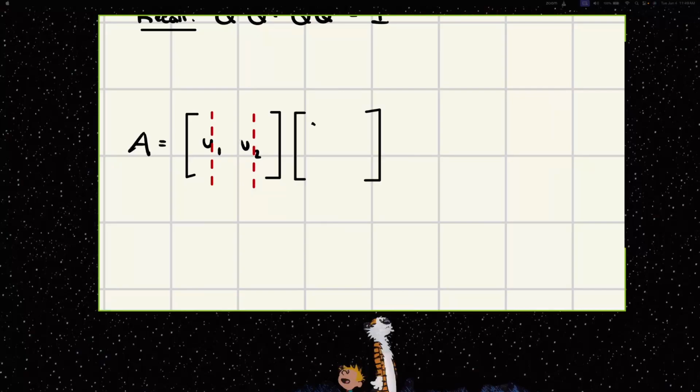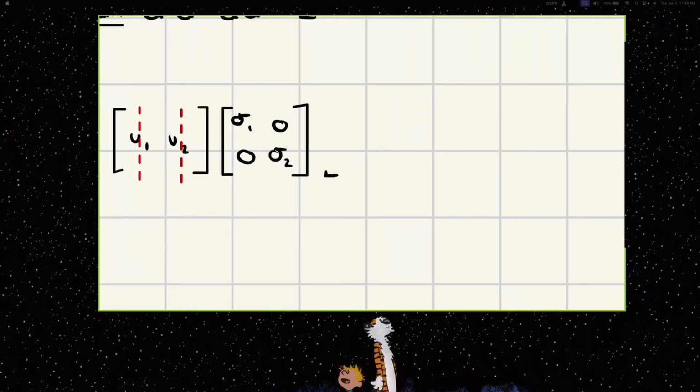In this 2 by 2 case, it would be composed of the singular values sigma 1 and sigma 2 and 0 everywhere else. And then V transpose in this case is an orthogonal matrix with the basis vectors V1 transpose and V2 transpose. Of course, because it's the transpose, the rows and the columns are flipped. So our direction is going to be just like this.